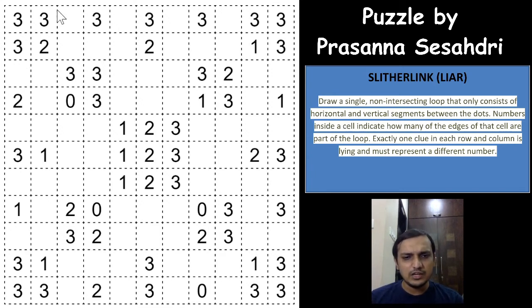So now you can be sure that out of these three 3's, one of the 3's will have to be wrong. Same way, you can see the three 3's at this corner, the three 3's at this corner, and the 3's at this corner.